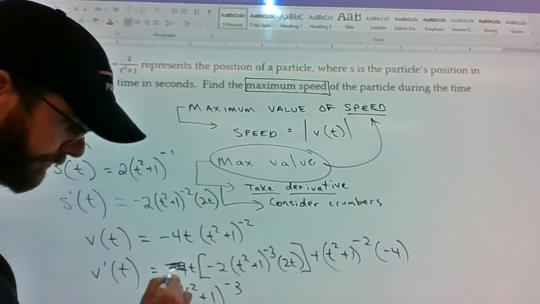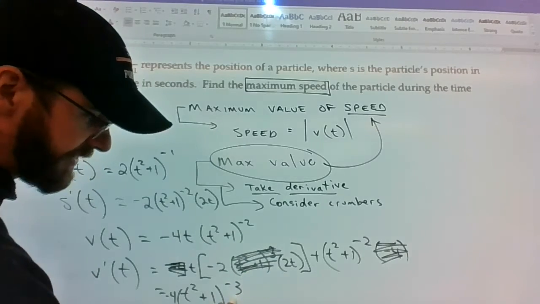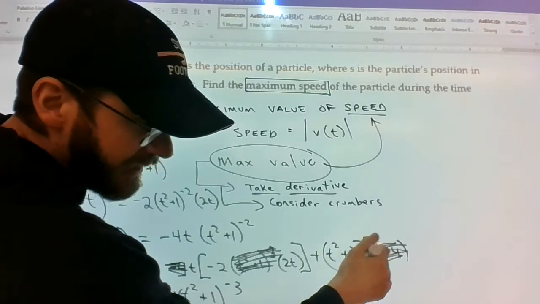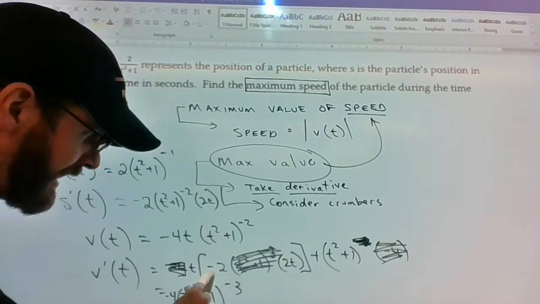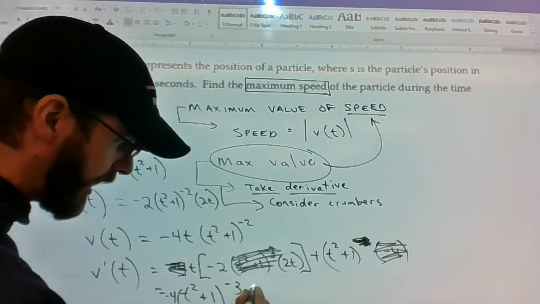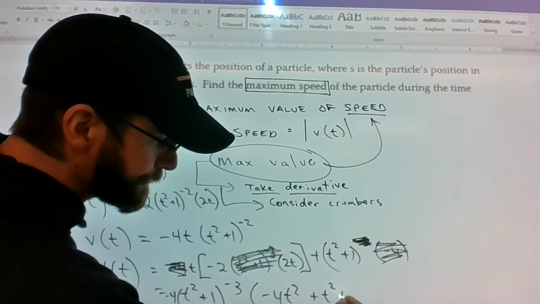Our negative 4 takes away this entire (t squared plus 1) to the negative 3, and leaves it with 1, and then you've got negative 4t squared plus t squared plus 1.